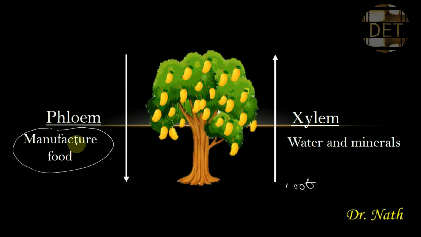The phloem transports manufactured food from the leaf or from any green parts of the plant to other parts of the plant where they are needed for storage and for other metabolic activities.